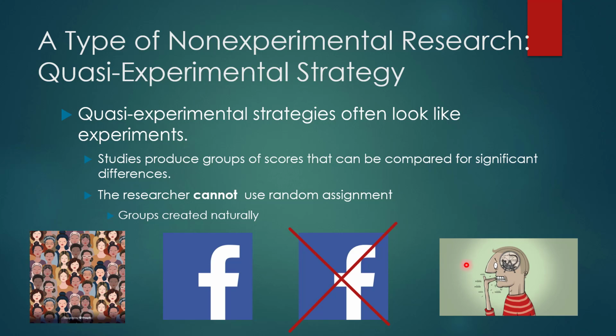And then they looked at those anxiety levels and they compared them. Now this might sound familiar. It's an example from exam 1. I modified it a little bit here to make a specific type of example. Now, is anything being manipulated here? No. They have two groups, but they are naturally occurring: people who already use Facebook and people who don't use Facebook. And then they measure their anxiety levels.